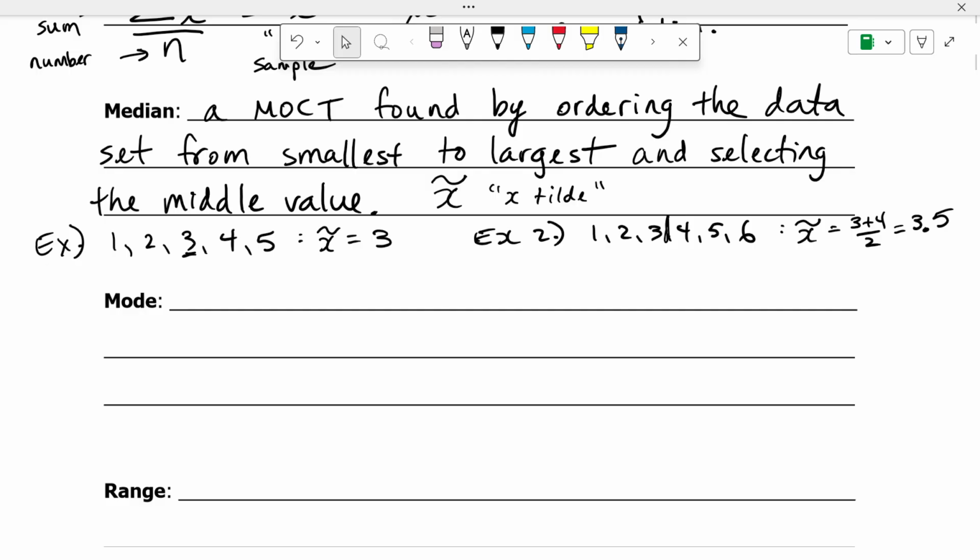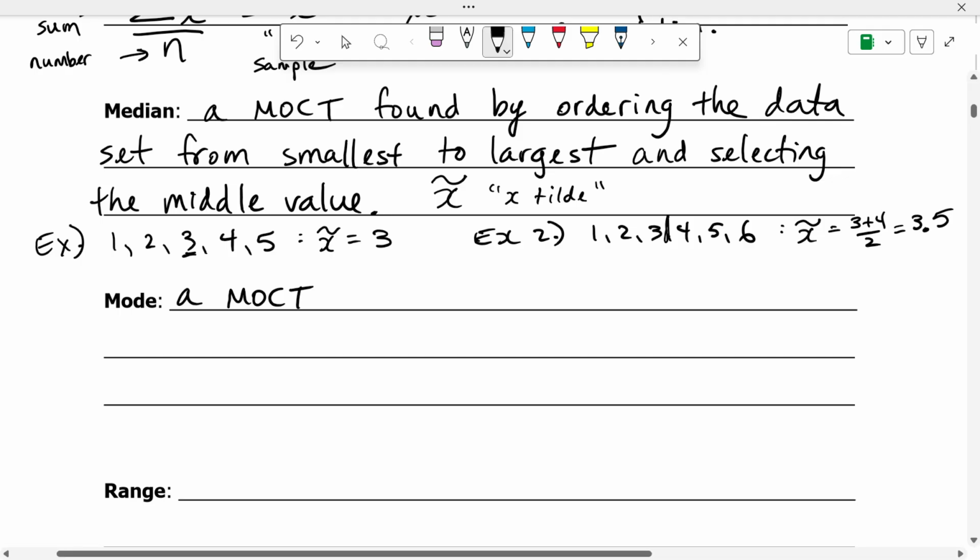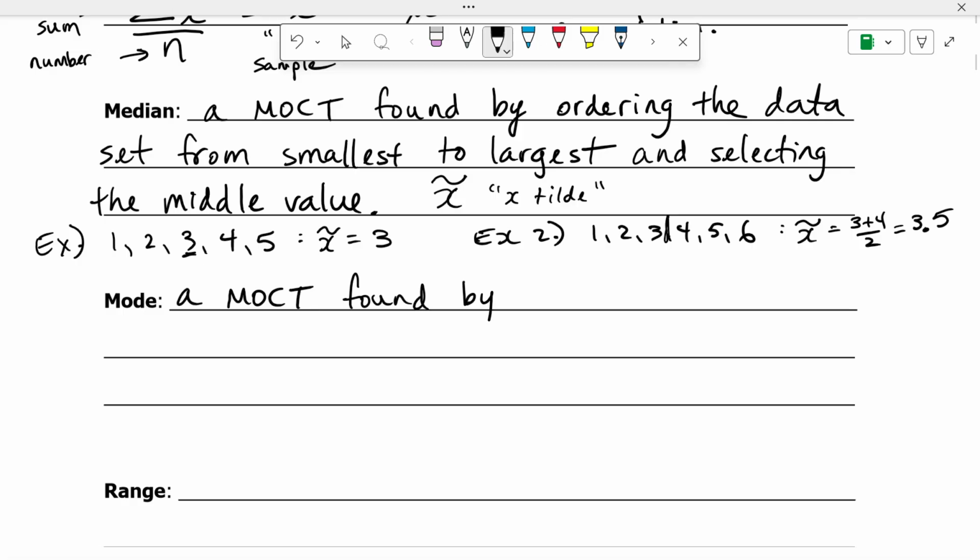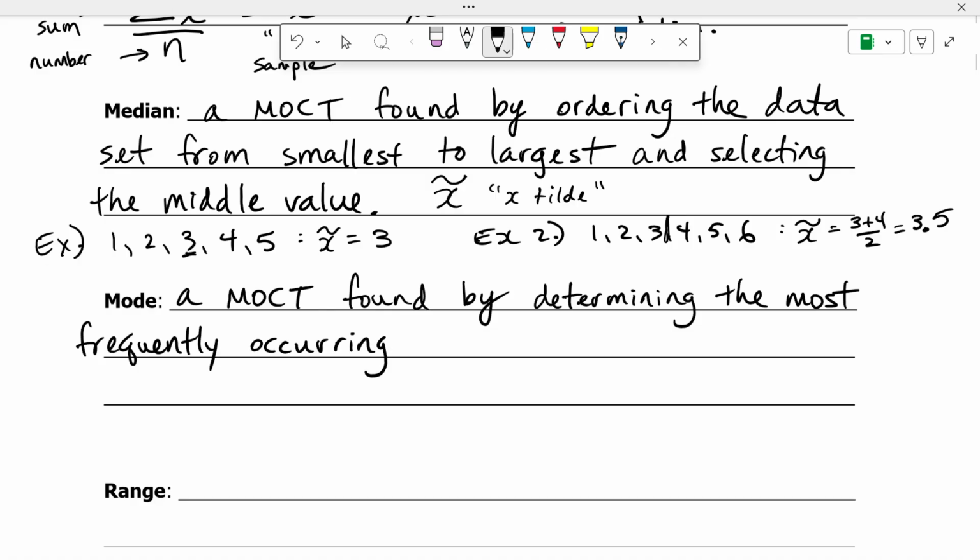Then the third measure of central tendency is mode. A measure of central tendency found by determining the most frequently occurring data value.